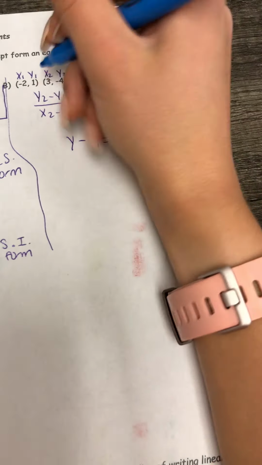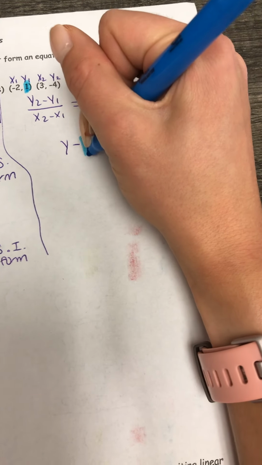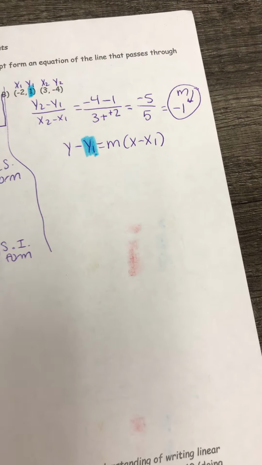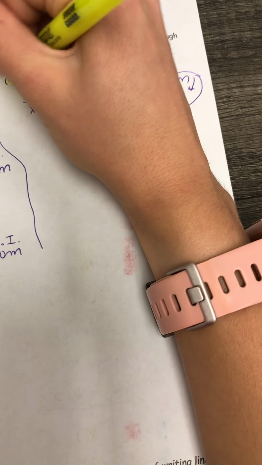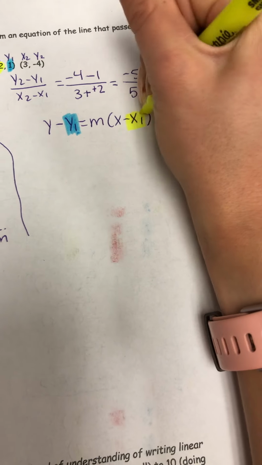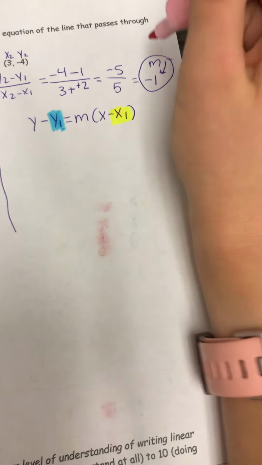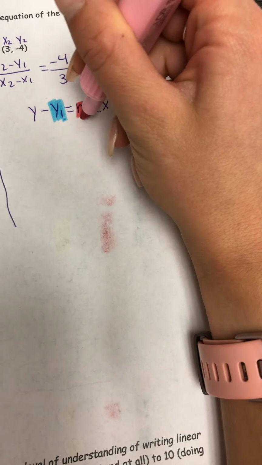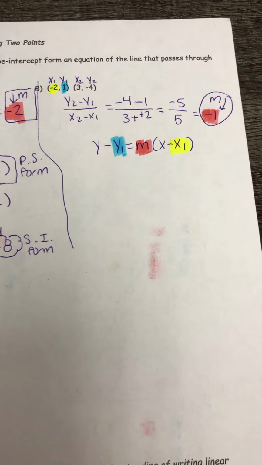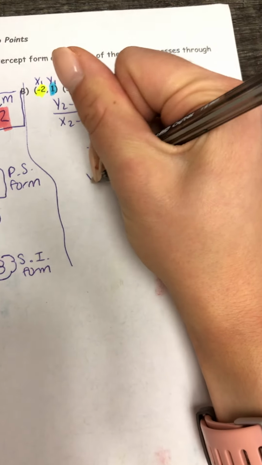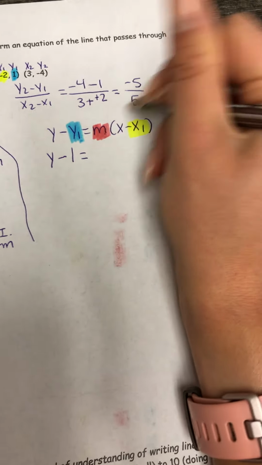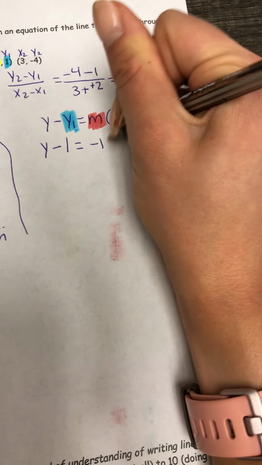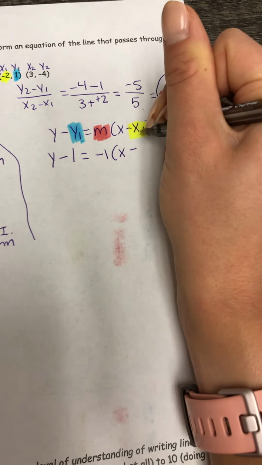Now I am going to highlight everything to show you what I am replacing. So my y1 is 1, my x1 is -2, my m is -1. So I have y minus my y1, which is 1. My m is -1, and this is x minus x1.